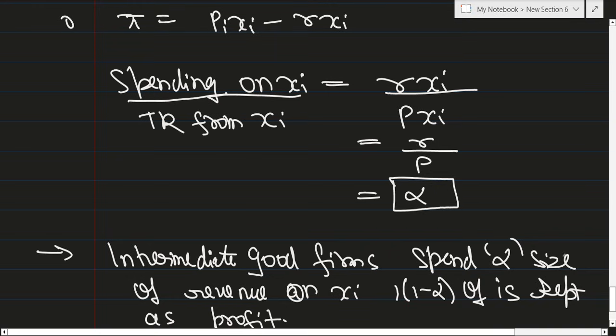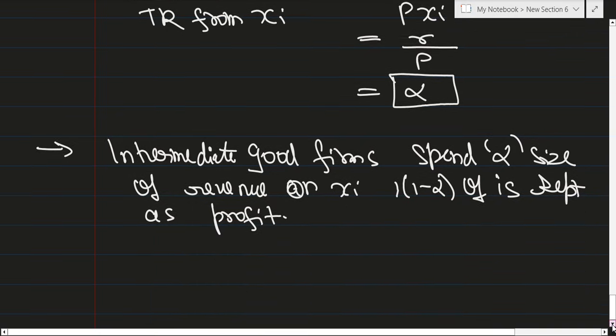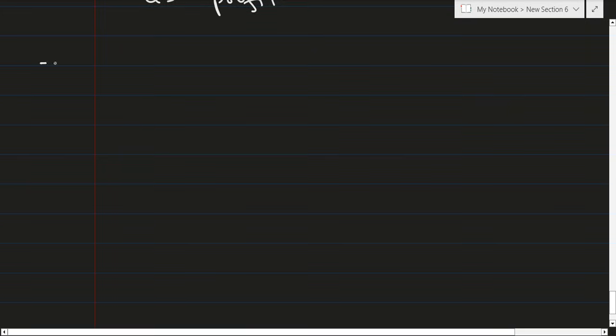Okay, so let's write this in a bit more formal manner. Why do we say this? Alpha size of revenue is spent on procuring the design of patent, and 1 minus alpha size is kept as profits.